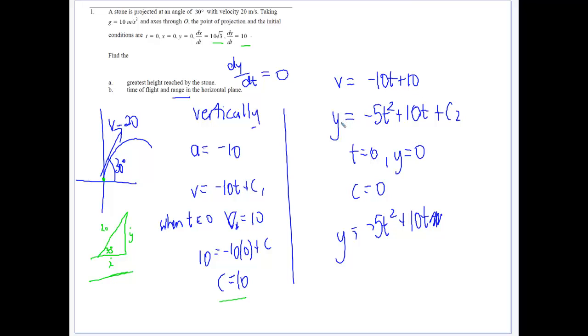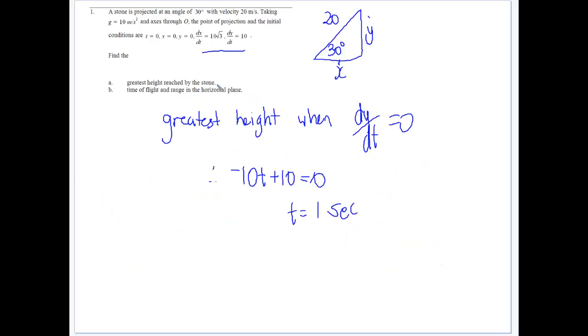Integrate again to get our position vertically. That gives us the integral of both those plus our constant. And when t was equal to 0, y was equal to 0, so our constant works out to be 0 as well. So there's our expression for that. Now, the greatest height we know occurs when dy/dt is equal to 0. If that's the case, we take minus 10t plus 10 equal to 0, and that must occur after 1 second.